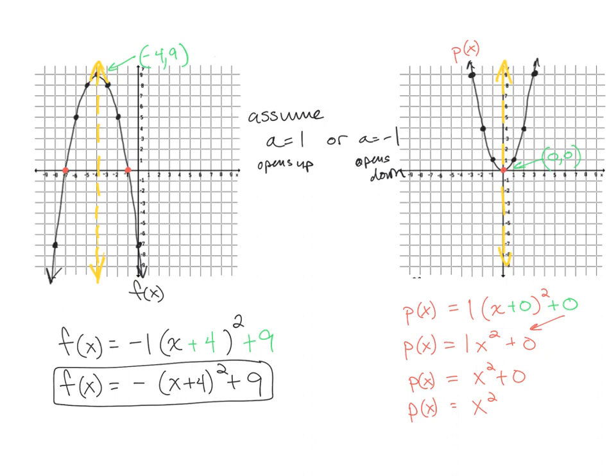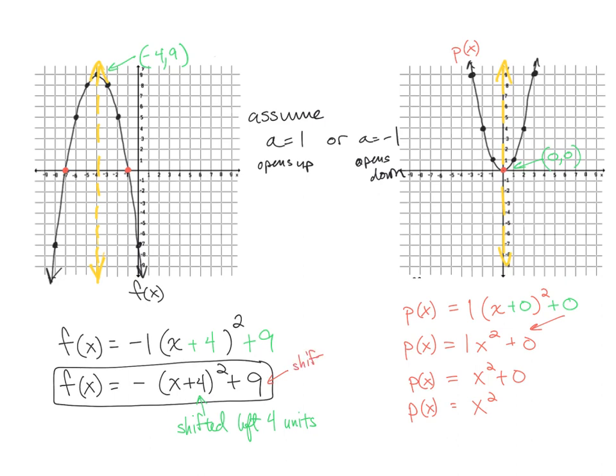So what this vertex form graph is telling me is that this was shifted left 4 units. That's what that tells me. And we do left because of this whole opposite thing that's going on, and that's fine. This 9 tells me how far up or down the graph shifted.